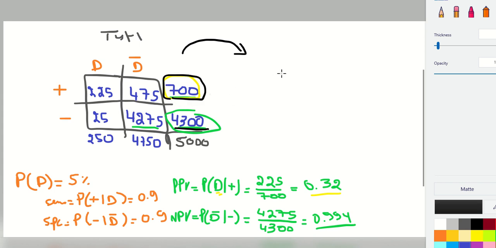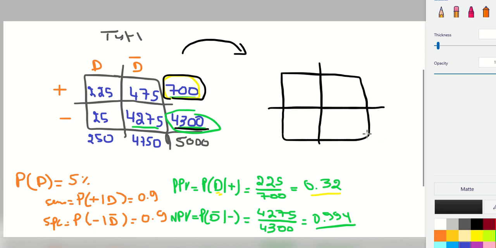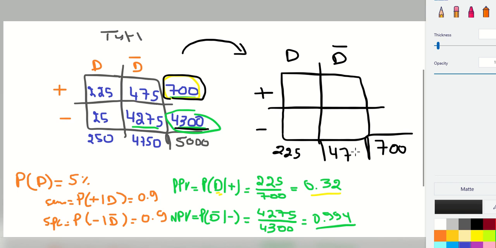So we take these 700 women, and they now become the new sample where we're going to run the new test. So now my new total is 700, okay? And diseased and healthy, testing positive, testing negative. So I know that out of the 700, 225 henni, those that actually have the disease, and 475 henni healthy.